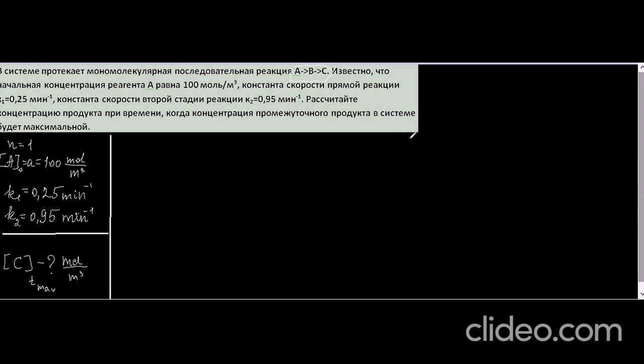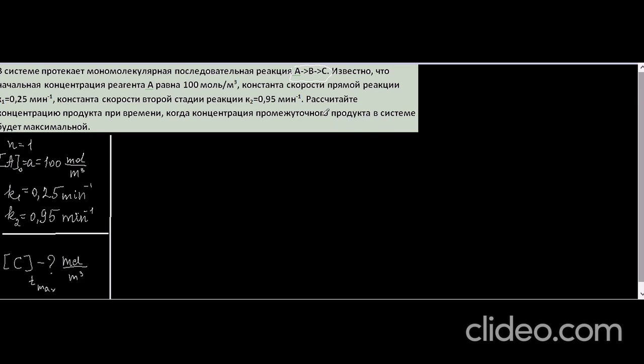Now, in one of the previous lessons, I already derived all the formulas we need when we're dealing with one of the three main cases of complex reactions. In this particular case, we're dealing with a consecutive reaction because we've got the intermediate B, the initial reagent A, and the final product C. Also, we've got a clue in the problem itself.